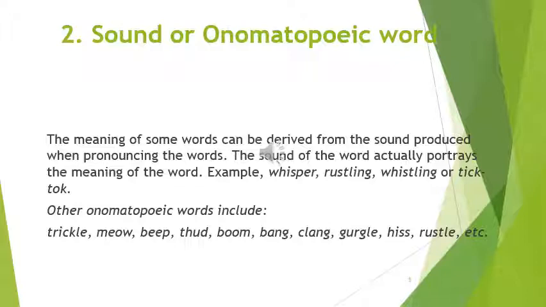Let me give you an example: mew. Mew goes with the meaning of the word. As we know, mew is a sound, but it goes with the meaning of that particular sound. Also, bang, tick-tock. The sounds and the meaning of the words go hand in hand. These are what we call onomatopoeic words.